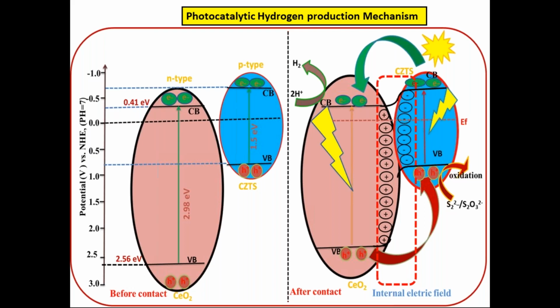In this mechanism, electrons and holes transfer based on the band structure of semiconductors. Therefore, the valence band and conduction band edge positions before being in contact with each other can be calculated by following the mathematical relation EVB equals x minus EC plus 0.5 EG, and ECB equals EVB minus EG. So these mathematical relations have been used here.